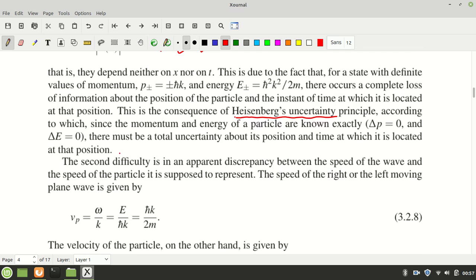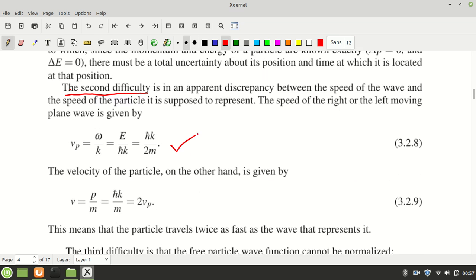Now move on to the second difficulty of the free particle solution. See, the wave is traveling with the speed omega by k, so you can write omega as E by h cut, divided by k. So h cut k is your p, so you can write like this, h cut k by 2m.